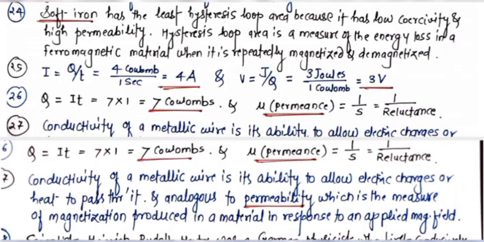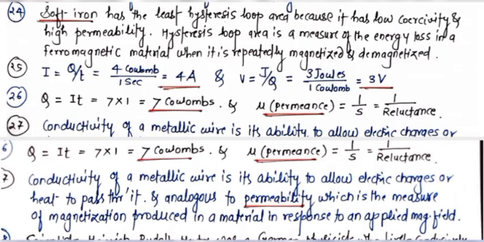I is equal to Q upon T, that is coulombs per second, and V is equal to J upon Q, that is joules per coulomb. Q is equal to IT, and permeance is the reciprocal of reluctance.